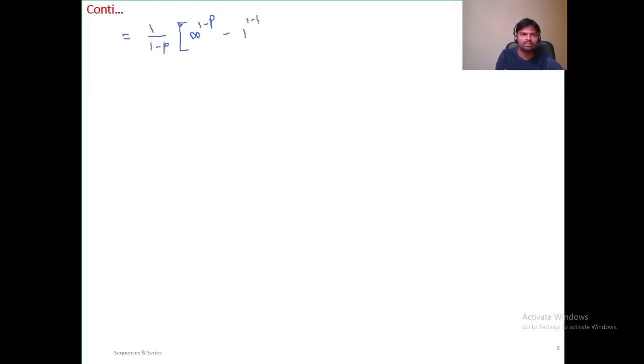Now here we need to investigate. Here p is more than 1, what will be the 1 minus p value? If p is strictly more than 1, then sending p to this side, 0 is more than 1 minus p, right?